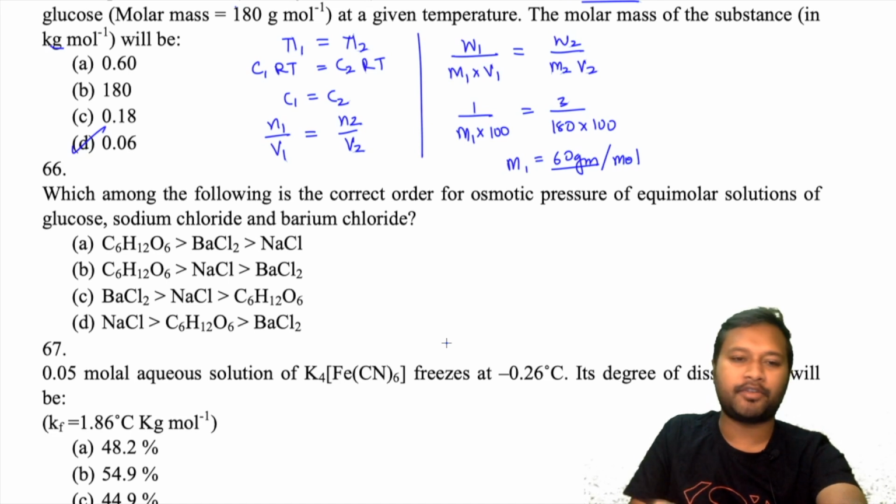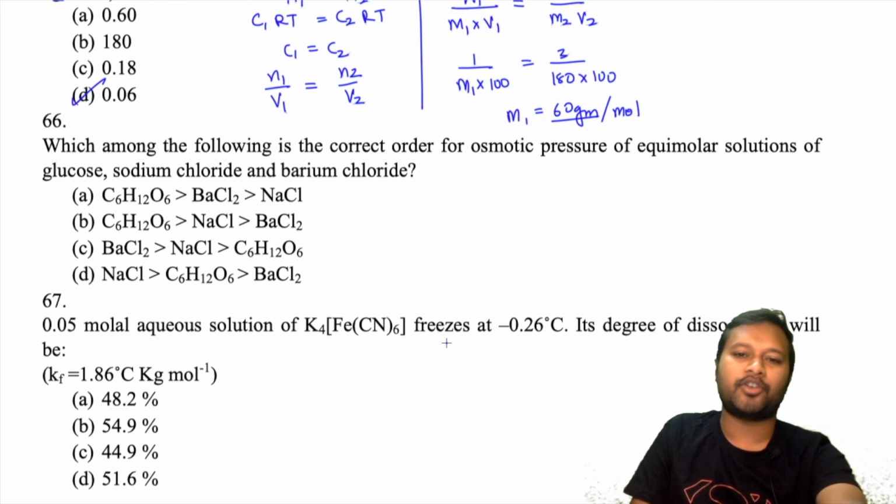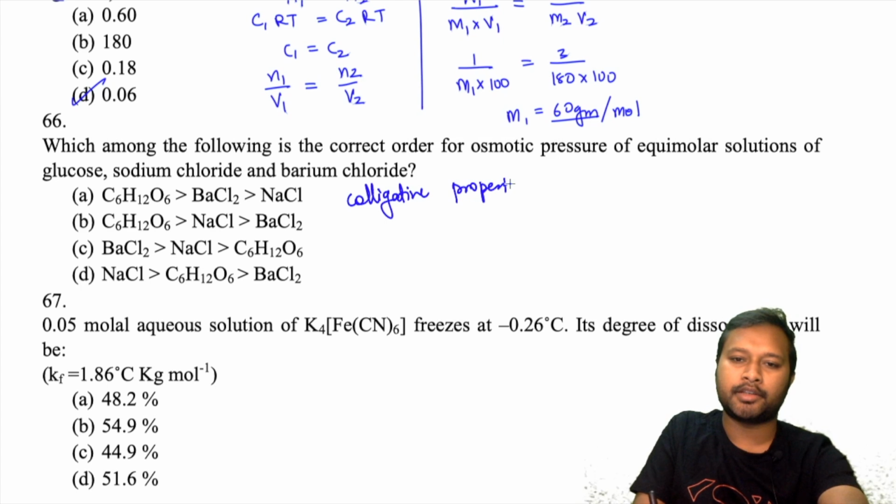It says which of the following is the correct order of osmotic pressure of equimolar solutions of glucose, sodium chloride and barium chloride. Now osmotic pressure is a colligative property, and you know that colligative properties depend upon the number of ions or number of particles basically.